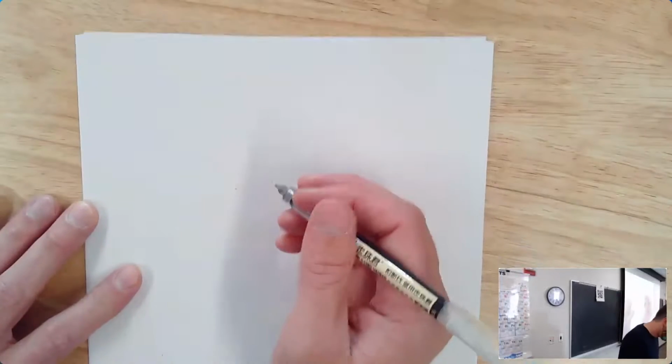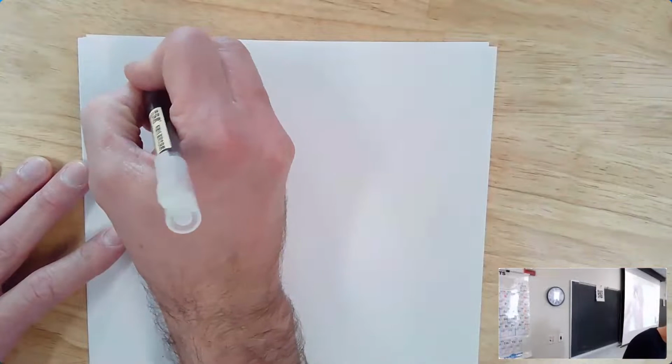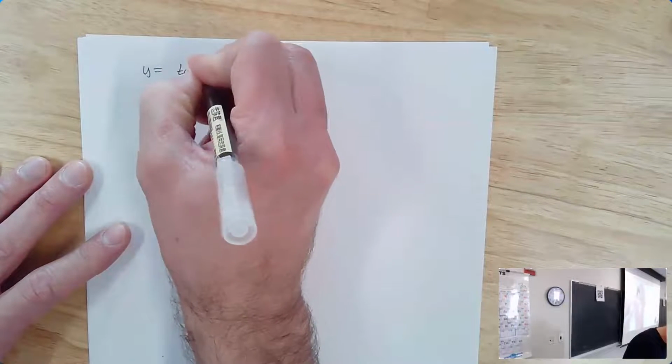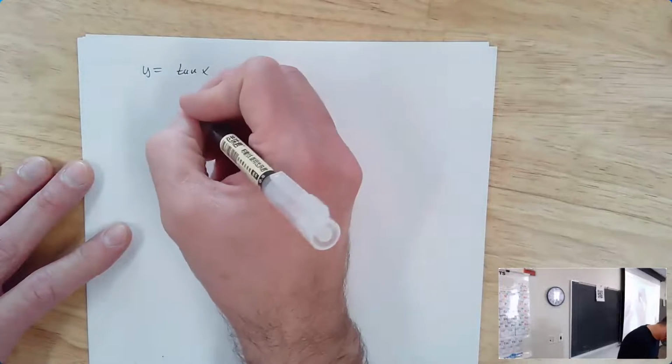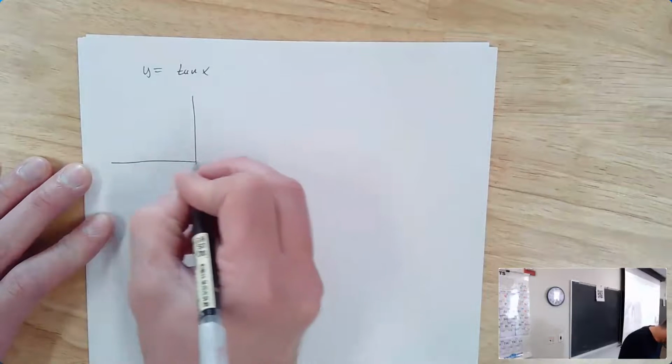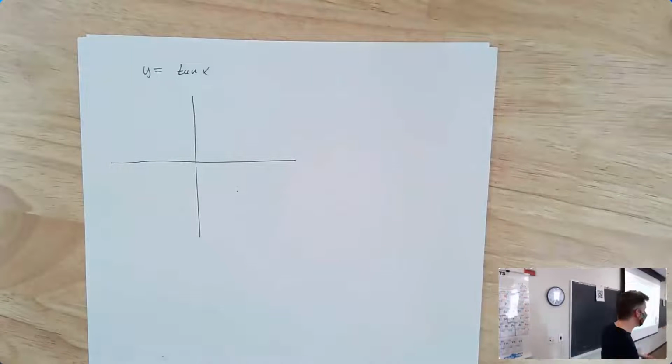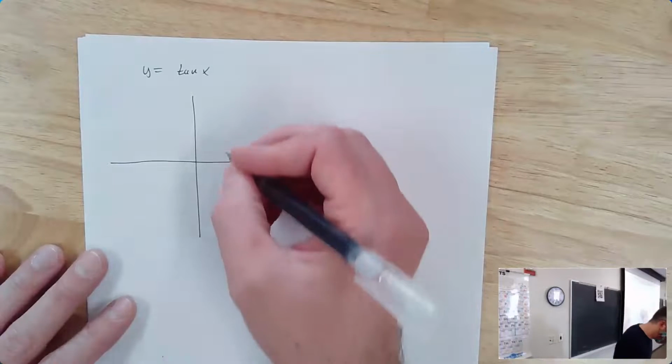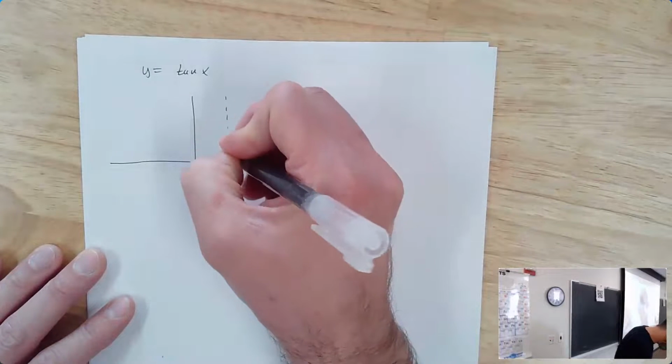So we're going to do the same sort of thing. Let's graph tangent. I know we graphed it before. So I'll remind everybody that tangent has vertical asymptotes at pi/2 and then every pi later, because the period's pi. So we're going to have a vertical asymptote at pi/2.